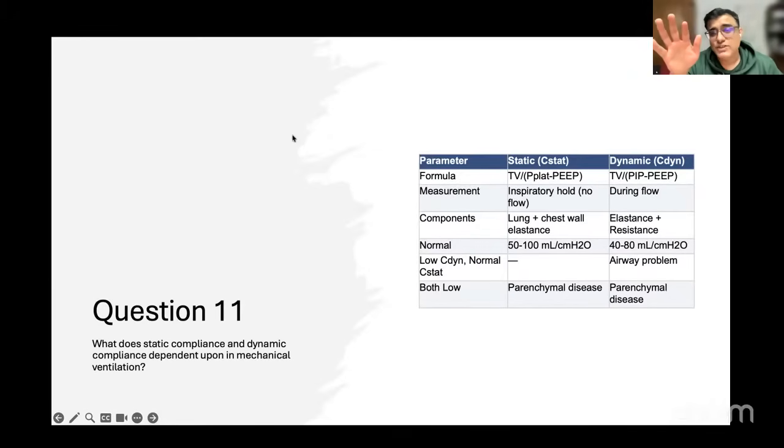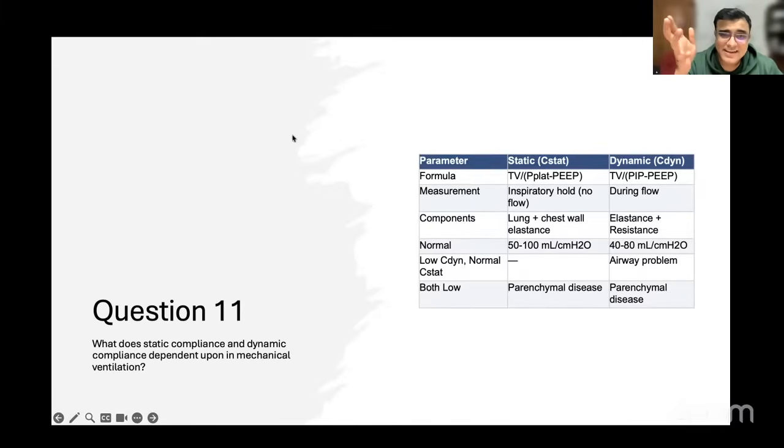You have to do an inspiratory hold to calculate the static pressure, and dynamic pressure has the component of airway resistance as well. They were probably asking whether dynamic compliance has a component of airway resistance or not, or perhaps which is lower and which is higher.